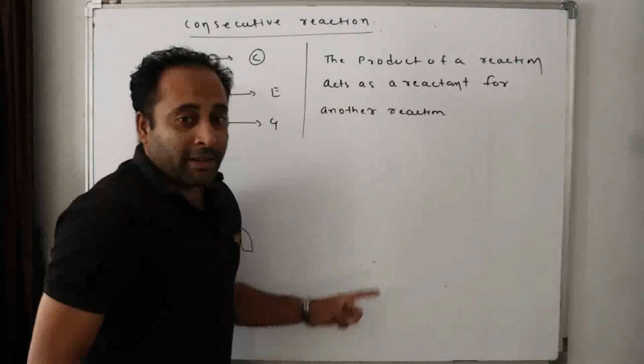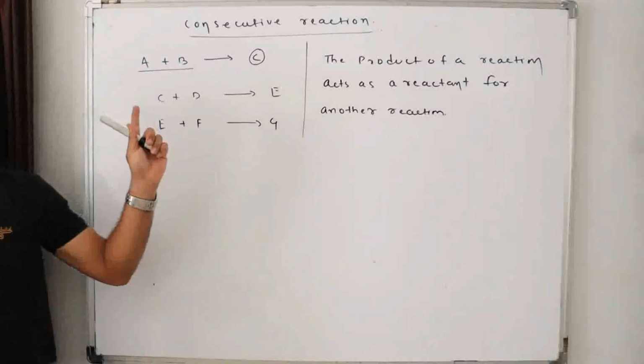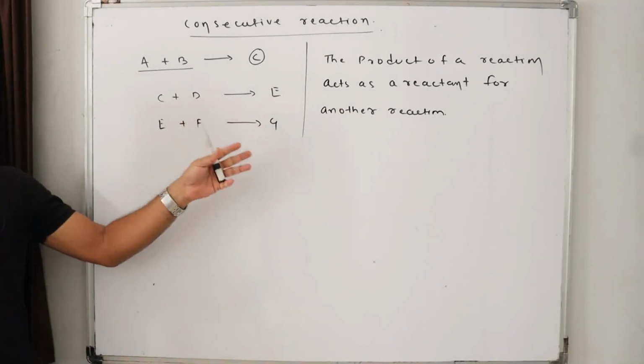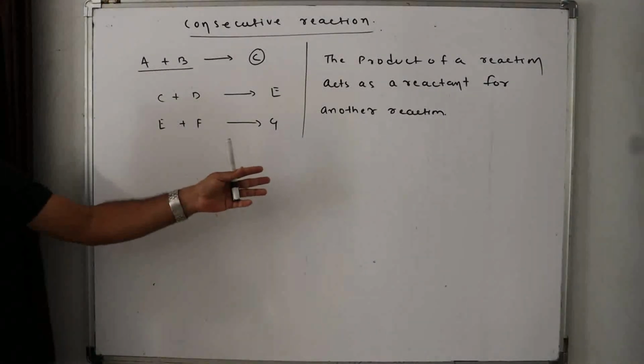Okay, and it is a must that they should be in the same conditions of temperature and pressure. Then this is called consecutive reaction. Sometimes in some books they do not refer to the same conditions of temperature and pressure, but it is necessary to have the same conditions of temperature and pressure.